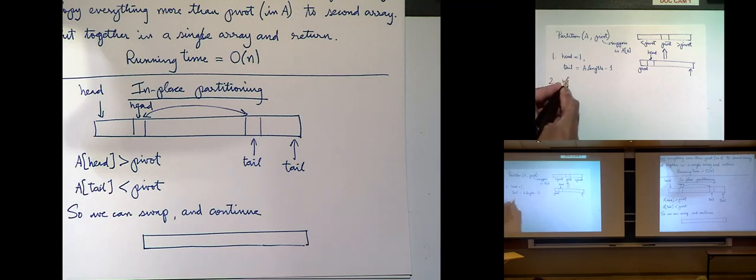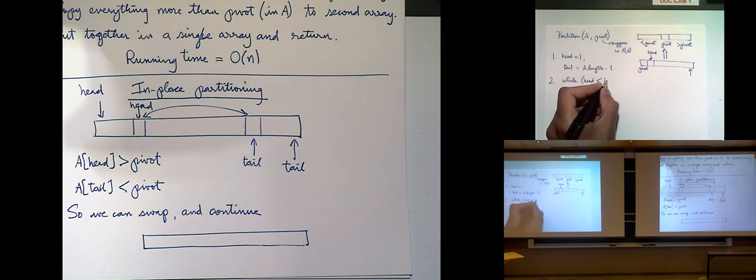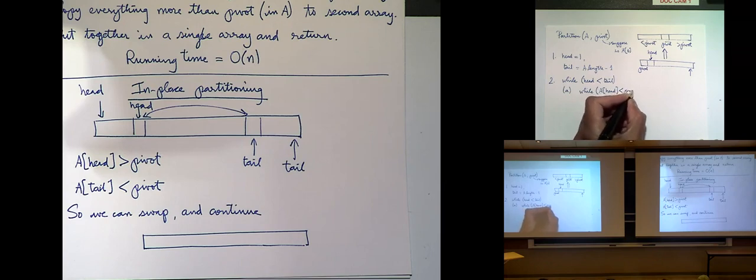So I'll write it this way. While head is less than the tail, I'll say while the element at the head is less than the pivot. Again, I'm assuming all elements are distinct here, just to keep things easy.